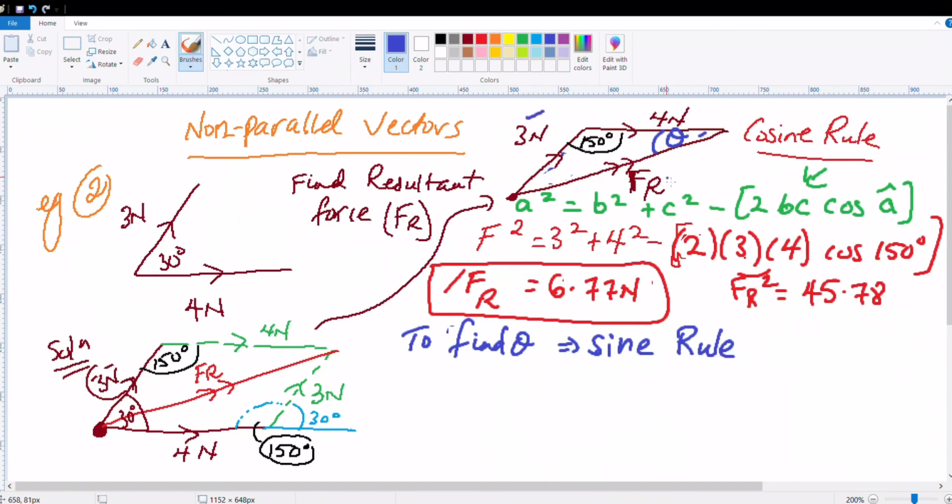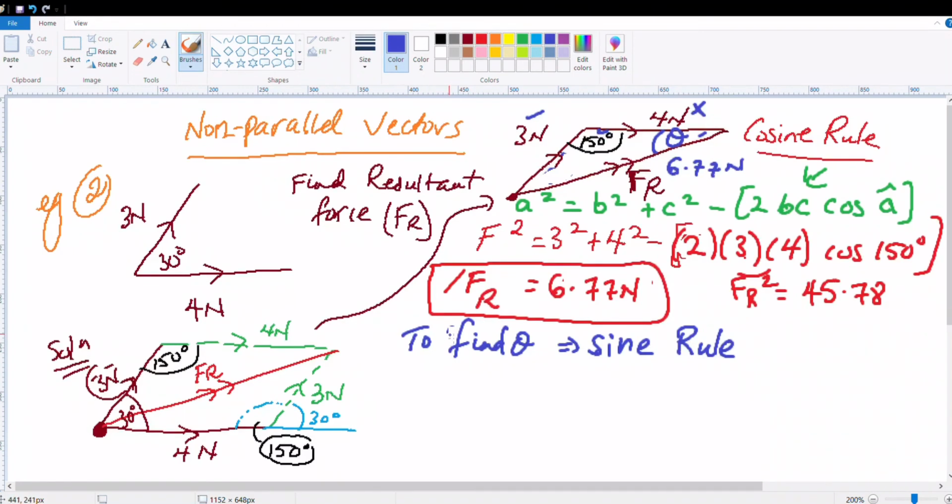We are not given the other angle opposite to 4 newtons, so we are not going to include 4 newtons as part of our question. What we can include, however, is what we just found, which is our resultant, 6.77 newtons. What angle corresponds to 6.77 newtons? 150 degrees.